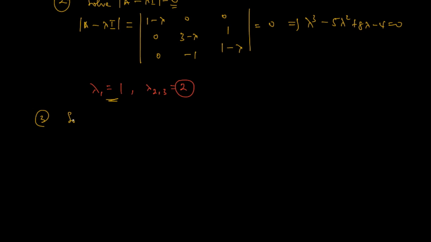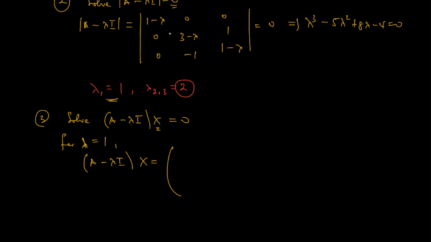So finding the eigenvector is the same as solving A minus lambda I times x equals 0, where x here is the eigenvector that corresponds to lambda. So for lambda equals 1, we have A minus lambda I times x to be: 1 minus 1 is 0, 3 minus 1 is 2, 1 minus 1 is 0.